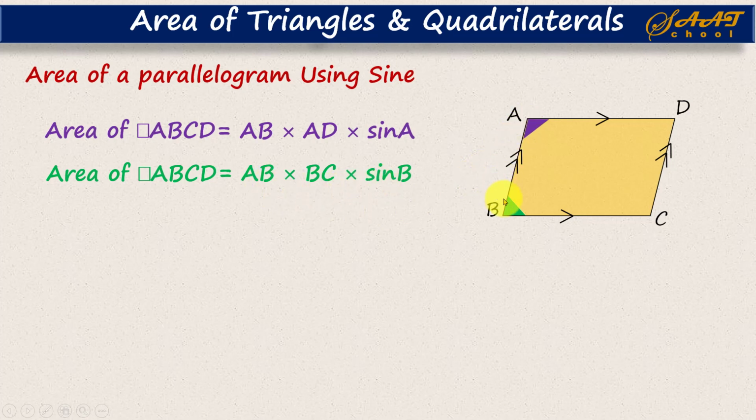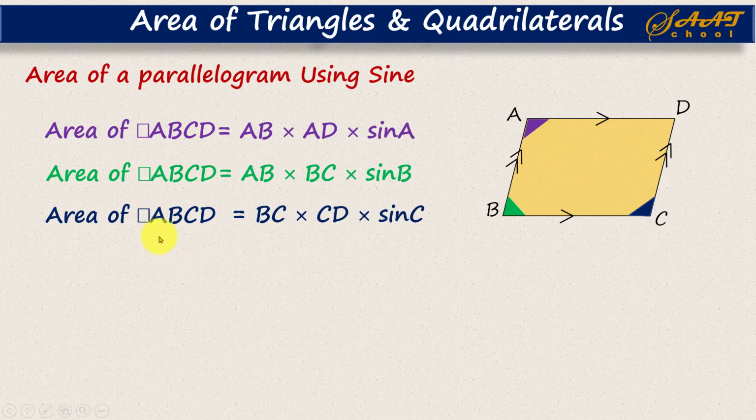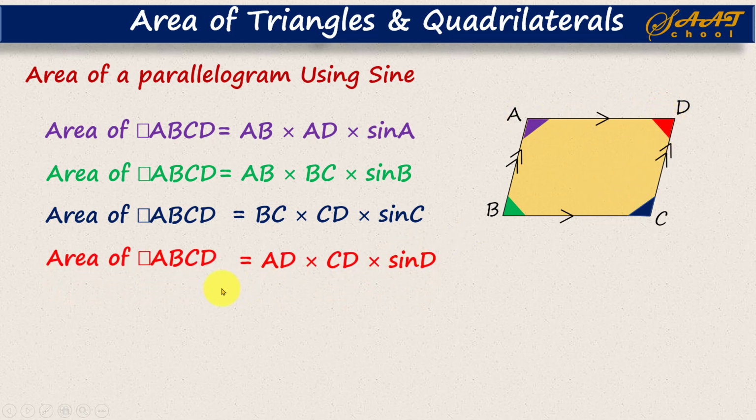If we have angle C and two adjacent sides BC and CD, then we can use this relation, with C as the angle between them. The next is if we have angle D and two adjacent sides AD and CD, then we can find the area of the parallelogram using two adjacent sides and the angle between them.